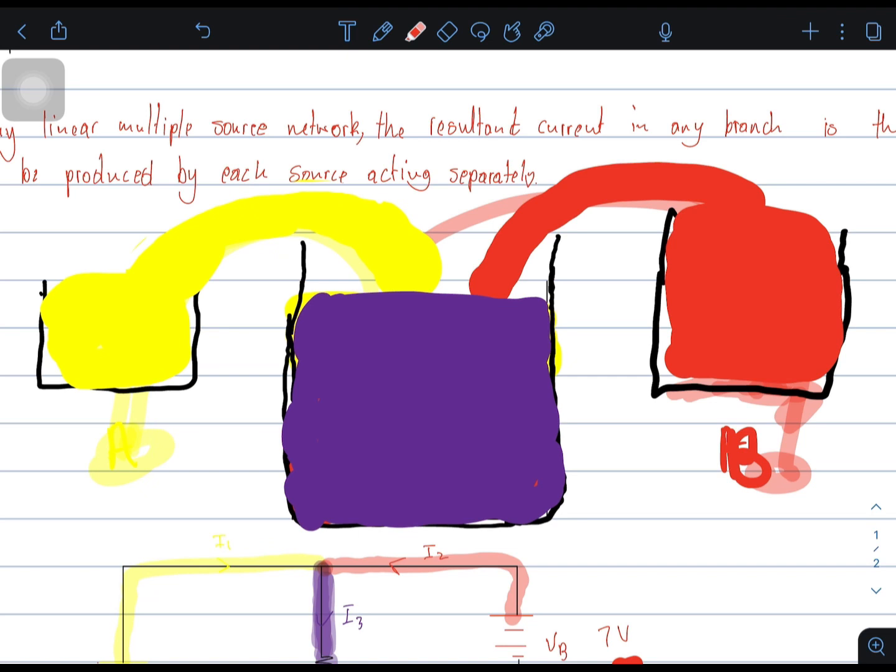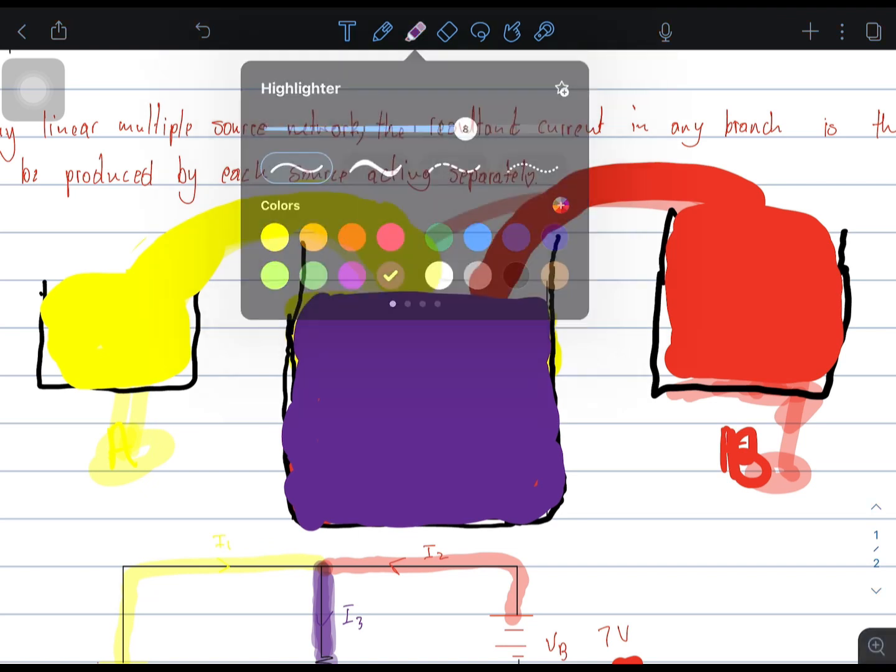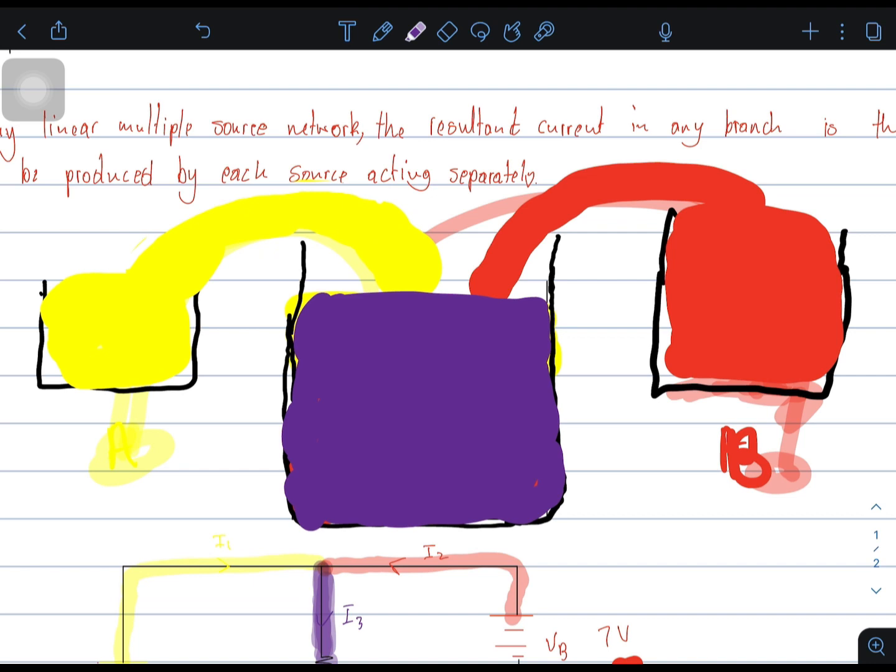I'm using the purple color to show the resultant amount of water that will be in the bigger tank. We want to know the total, how many liters of water are in the bigger tank.